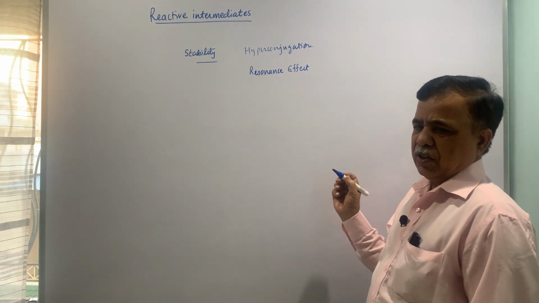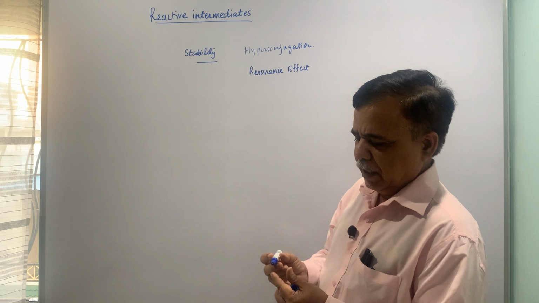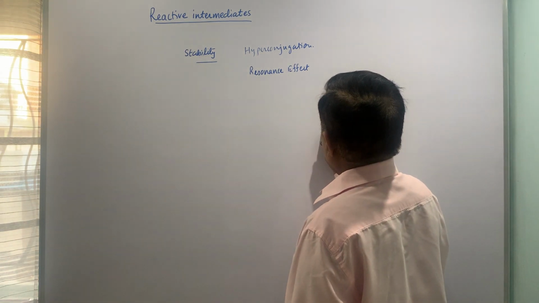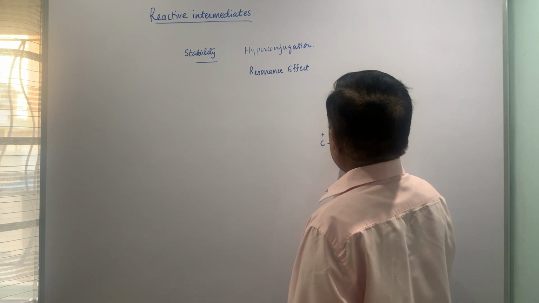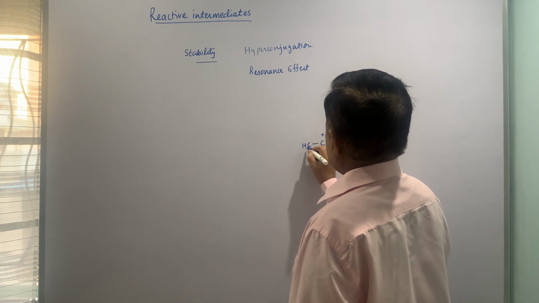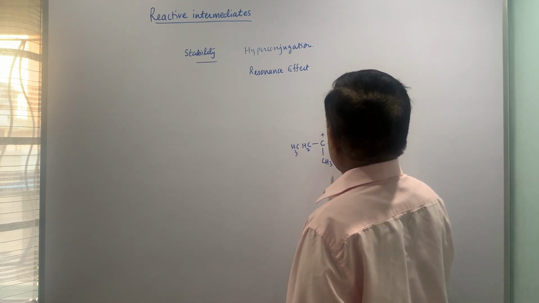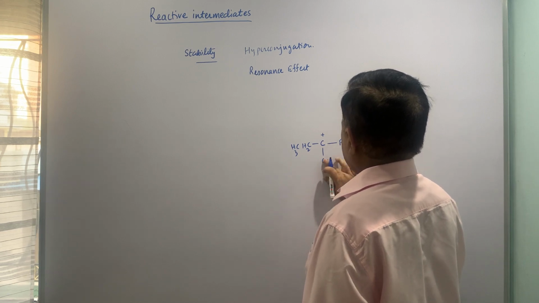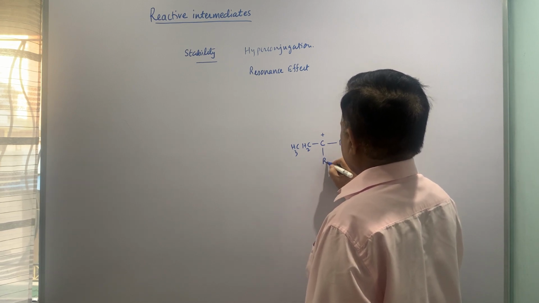So for hyperconjugation, you can put any example wherein the carbonium ion, let me put this as R, this as R, just to simplify.